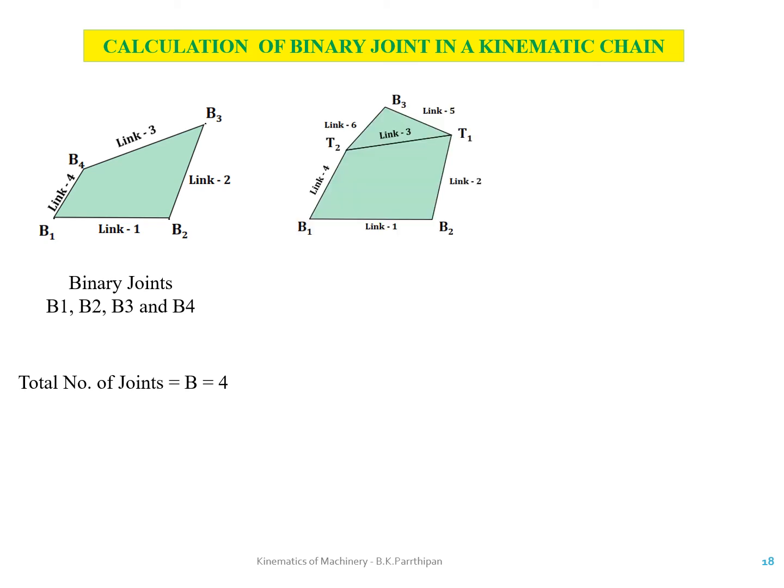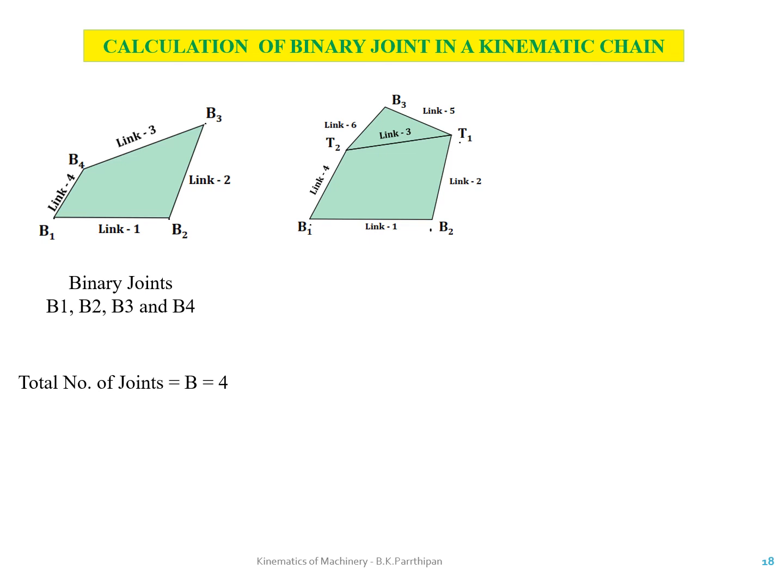The next one. Here another 2 links are attached, link 5 and link 6. First, link 1 and link 4: 2 links are attached, so it is binary joint B1. Link 1 and link 2: 2 links are attached, it is binary joint B2. Here at this point, links 2, 3 and 5 are attached, so this is ternary joint T1.